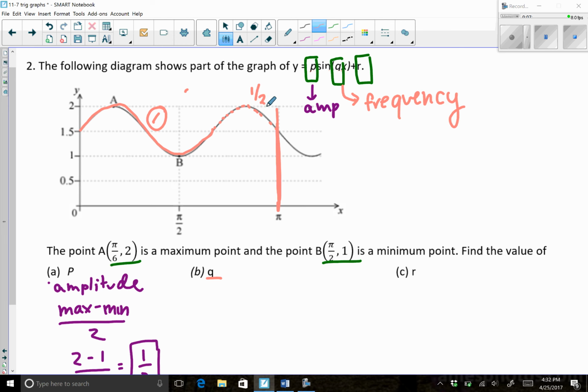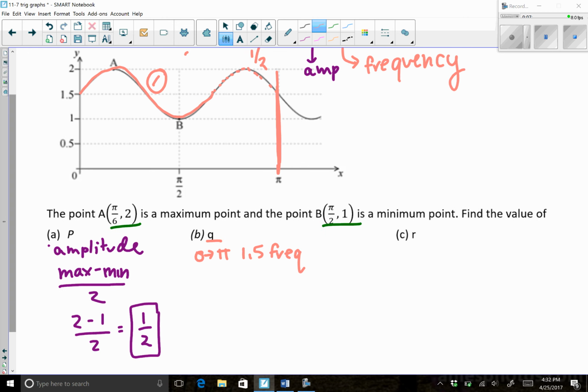This is half of a cycle. So my frequency from 0 to pi is 1.5. If I want to know the frequency from 0 to 2 pi, well, let's just multiply that frequency by 2. We get 3. So 3 is my frequency for this graph.